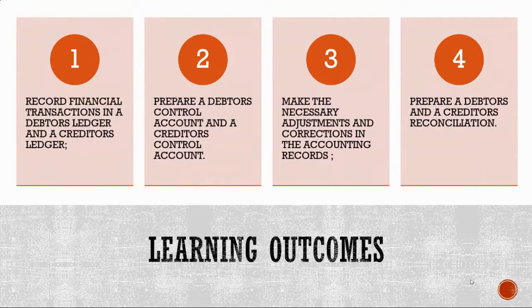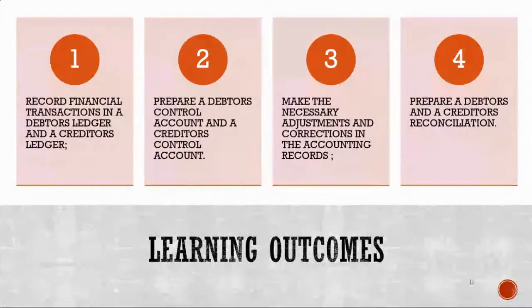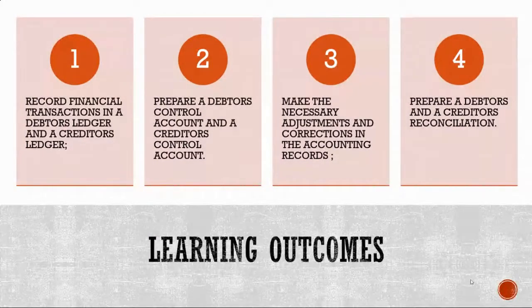That's basically where I compare the individual transactions I've recorded in each and every debtor or creditor account, taking all of their totals and adding them together to get to what the total debtors or creditors should be, and then I compare it to my closing balance for my debtors or creditors control account. That is what the reconciliation is basically about. If there's a difference, then it should tie in with any of those corrections that need to be made in the following month if I've already closed off my books.